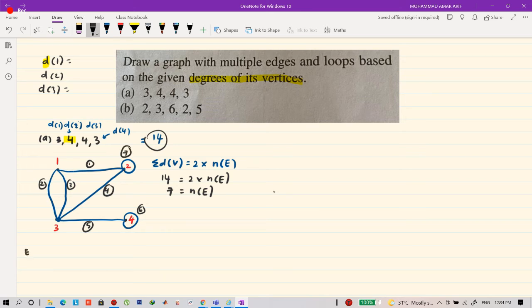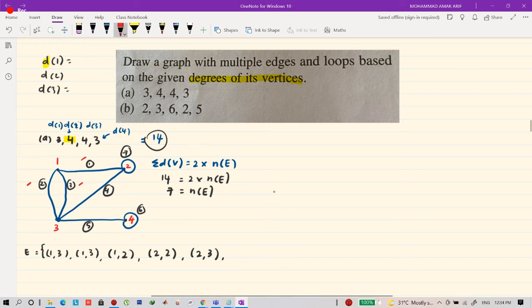If we want to write it in edge notation, here the answer is 1, 3, 1, 3, then 1, 2. So number 1 and number 2, 3 is settled. Then we can do 2, 2. Sorry, this is 1, 2. So these two are loops. And then we do 2, 3. Okay, number 7 is settled. Number 4 is settled too. So we do more, there are 2 paths. So 4, 4. And then the last one is either 4, 3 or 3, 4, it doesn't matter.